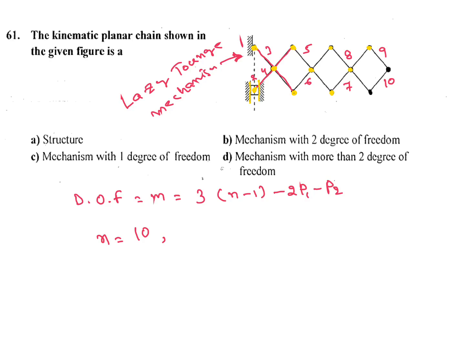So number of joints having lower pair is 1, 2, 3, 4, 5, 6, 7, 8, 9, 10, 11, 12 and 13. So P1 equal to 13. P2 is number of joints having higher pair. No higher pair, so P2 is 0.